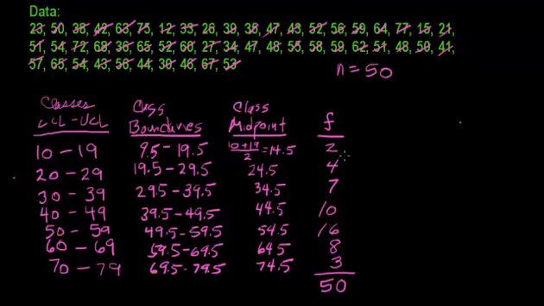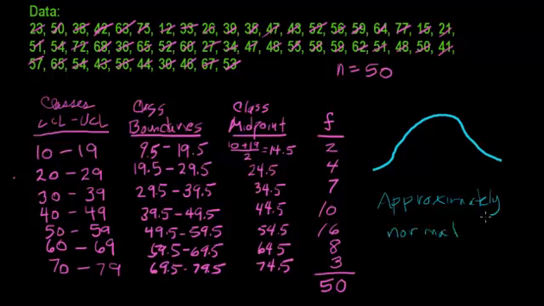So it's not perfectly normal. We see that peak doesn't happen till down here into the fifth class, but it's definitely got that feeling of starting low, rising to a peak, and then dropping back down. So we might look at this and say that this distribution looks to be approximately normal.